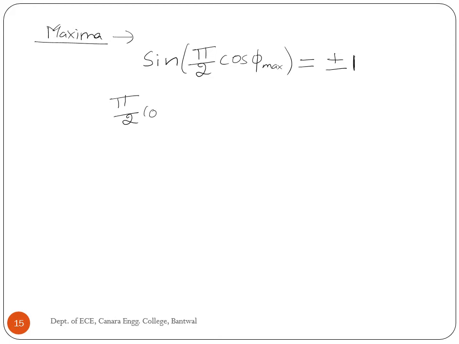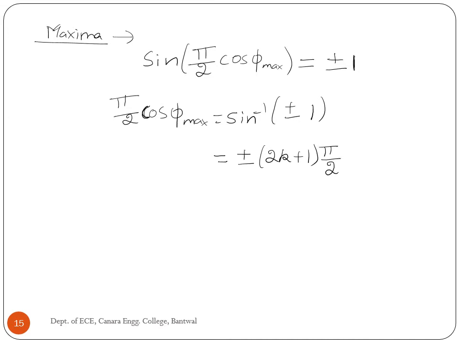Pi by 2 cos phi is equal to sine inverse of plus or minus 1, which is equal to plus or minus 2k plus 1 pi by 2.